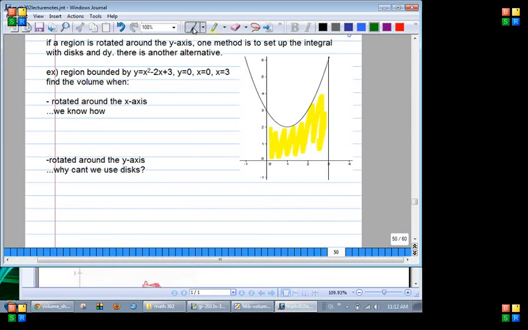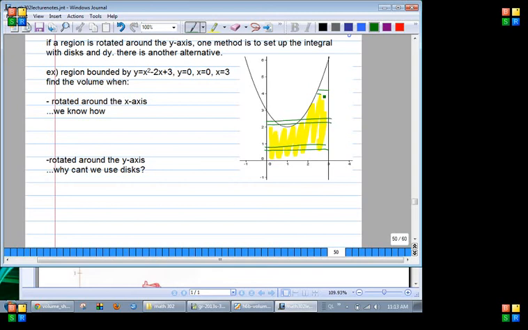What would happen if you tried to use disks and set this up dy? You could solve it using this, we would have to divide it into two regions. Well, over here your disk would be fine, but then what would happen? You get craziness over there, and it's not much fun over here either.